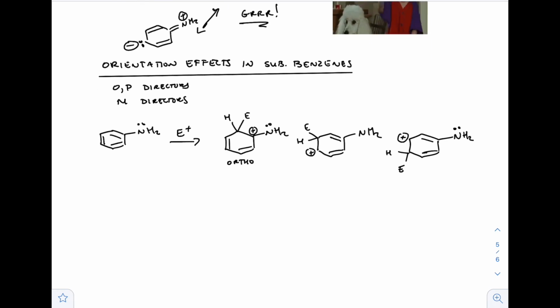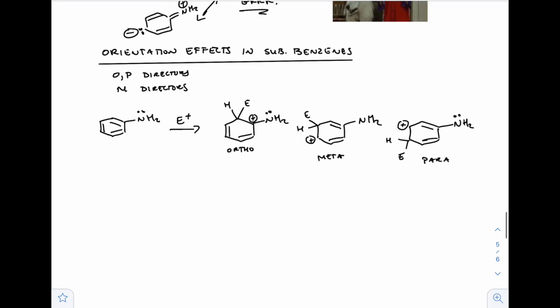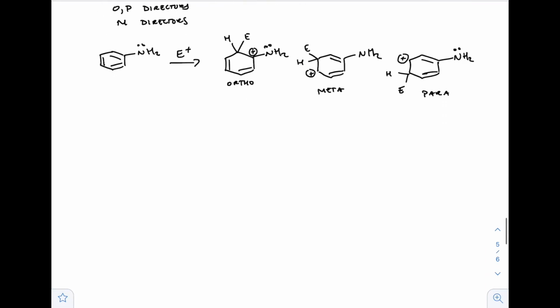Okay, sorry, that might be wordy, but basically we have ortho, meta, and para substituted intermediates here. Now, of course, we have resonance structures. So we have to look at these resonance structures to help us justify the positioning of that electrophile on the new substituted benzene.